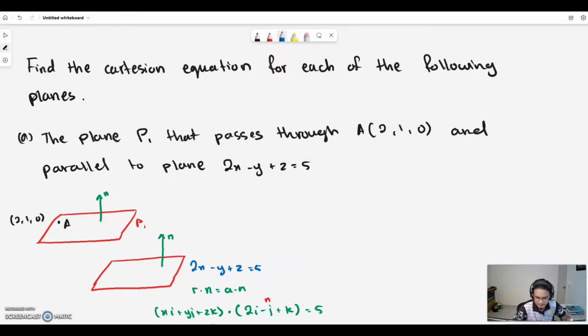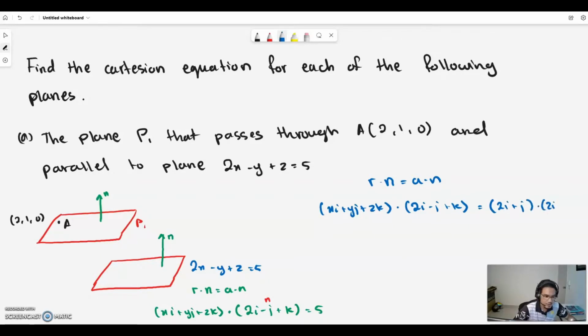Okay, then we have the point and we have the vector n, and we want to form a Cartesian equation. So r dot n, so r is xi plus yj plus zk, dot with vector n, 2i minus j plus k, equals our a, 2i plus j, dot 2i minus j plus k.